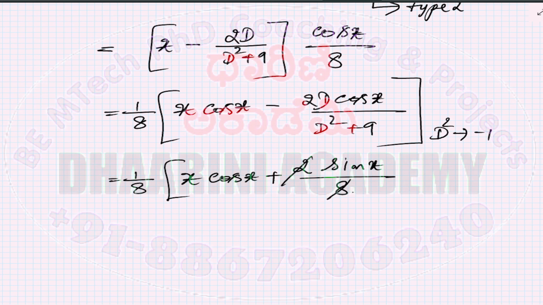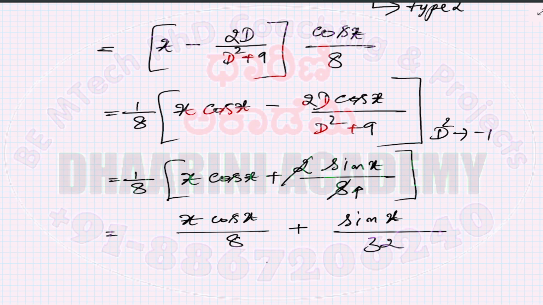So this cancels with this as 4. All right. So I can take the 8 inside now. So this is x cos x by 8 plus sin x divided by 32 will be the yp for this problem.